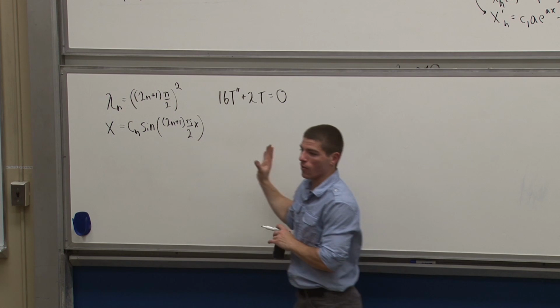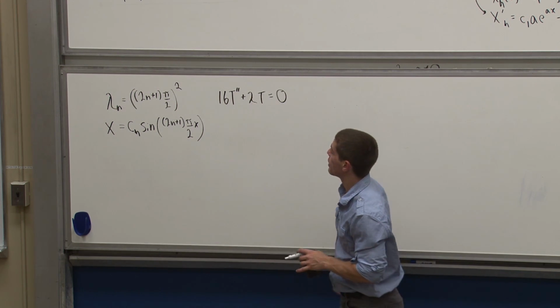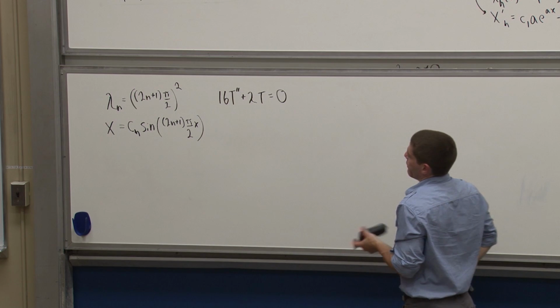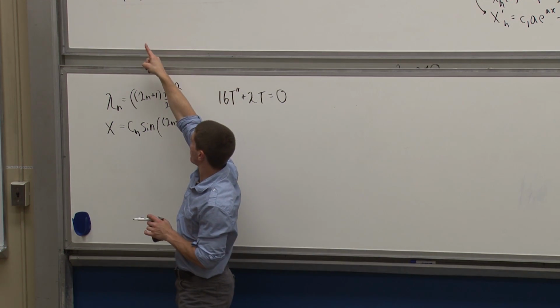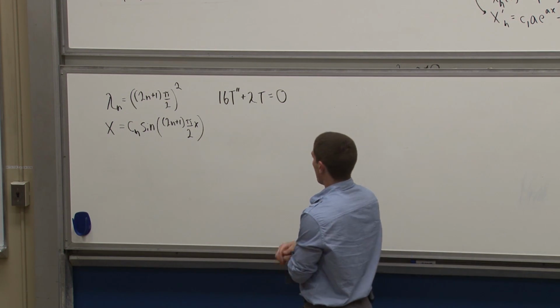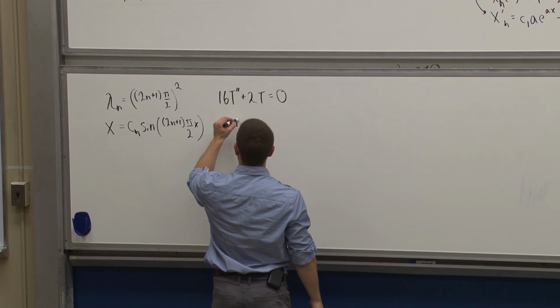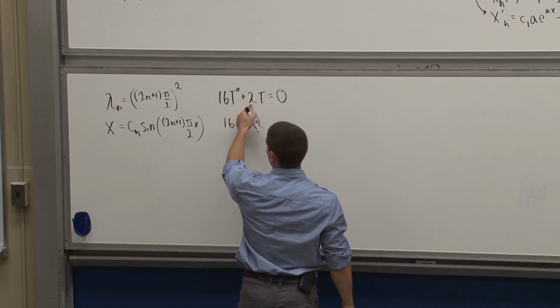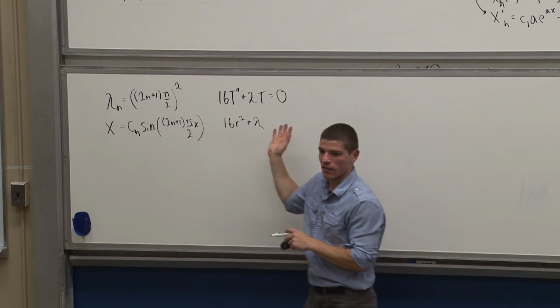So we have that part on lockdown now. All we need to do is find our equation for t. We have the condition that the first derivative when t is equal to 0 is 0. So let's just see what happens. 16 r squared plus lambda. I'm going to write lambda in at the end.